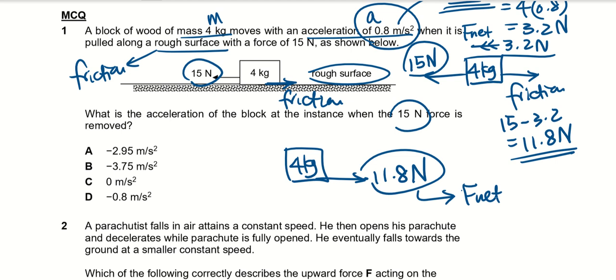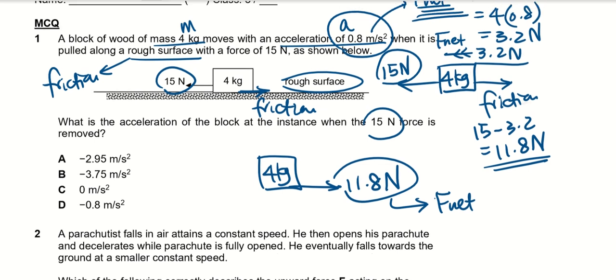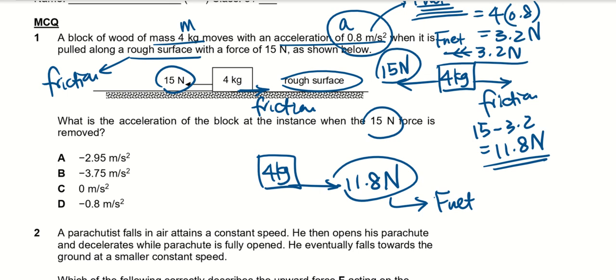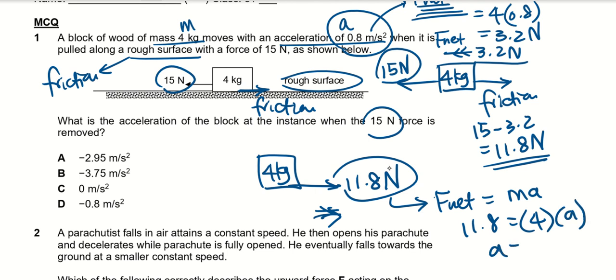So every time I have F net, I am going to have acceleration. My mass remains the same, so my acceleration is actually 11.8 divided by 4, which is 2.95. But because it is opposing the motion, it is still going this way.